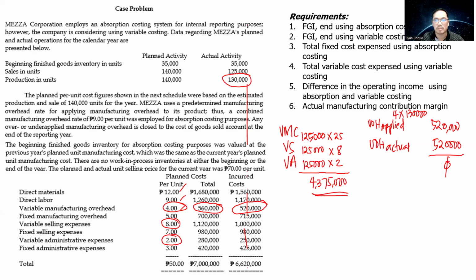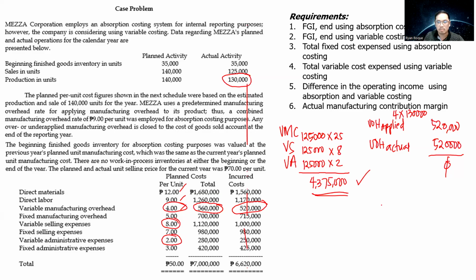So therefore, the answer here would be final. That is the amount of variable cost expense during the year under variable costing method. And actually, even under absorption costing method, the total variable cost expense would be the same. Why? Because under both variable and absorption costing method, all the variable components are the same.